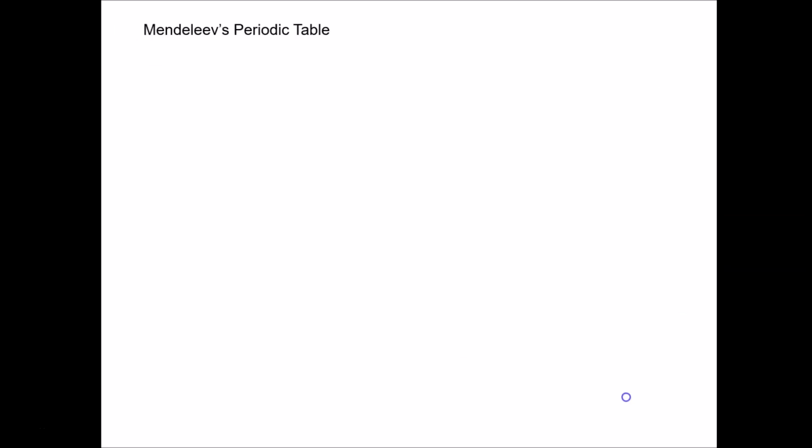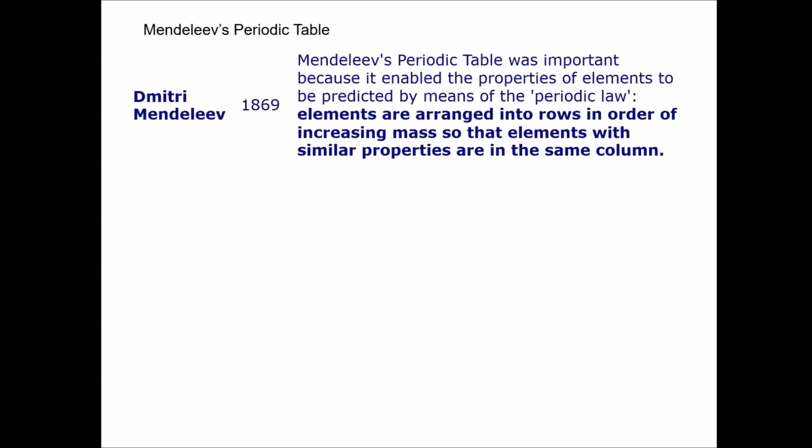But it wasn't until there was a chemist, a Russian chemist by the name of Dmitri Mendeleev in 1869. And Mendeleev actually came up with what we would call today the first working periodic table of elements.